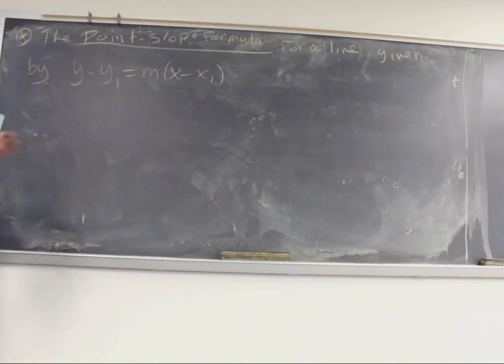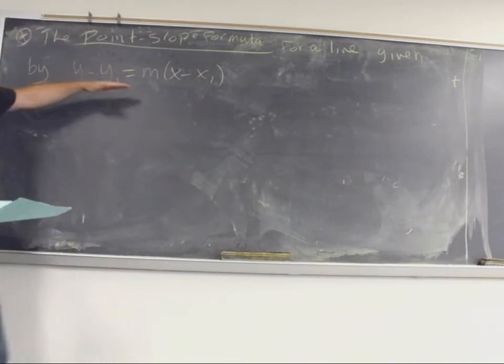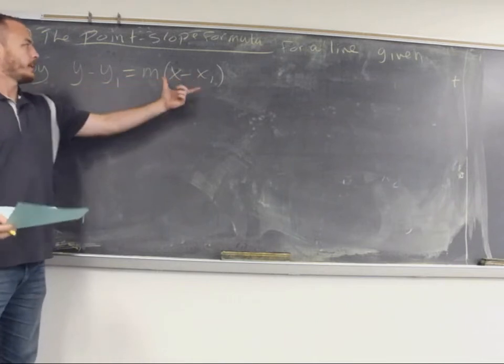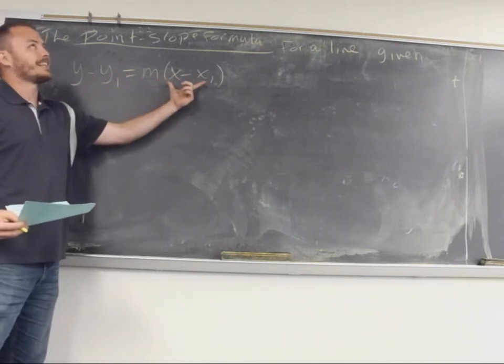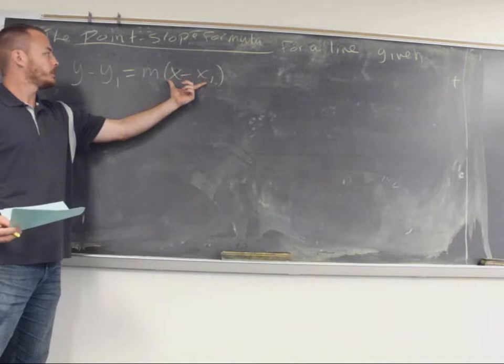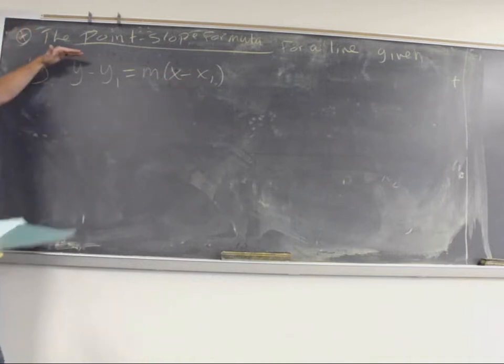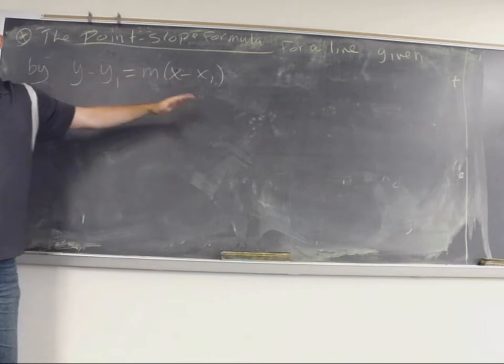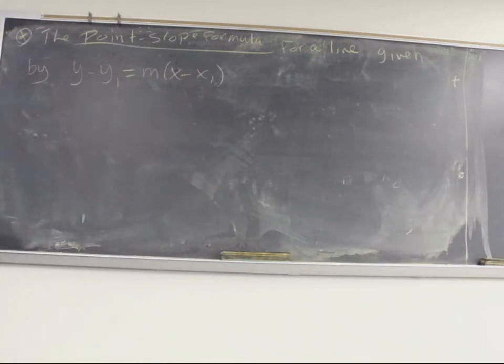And this is actually just a variation of the slope formula. If you were to divide this x minus x1 over here, then you'd have y minus y1 divided by x minus x1 is equal to m. So it's just a variation of that. I'm not going to go into how that was formed, but hopefully this helps you relate, as long as you can understand that a little bit.